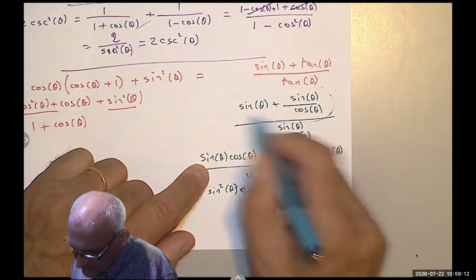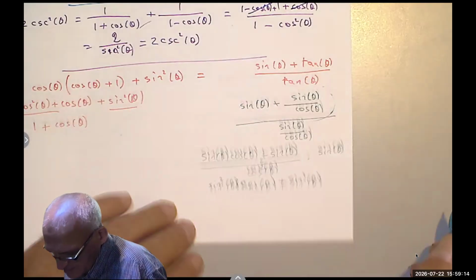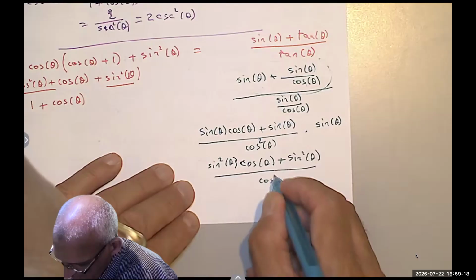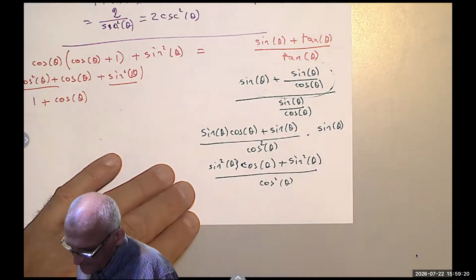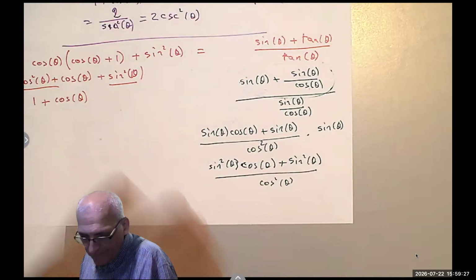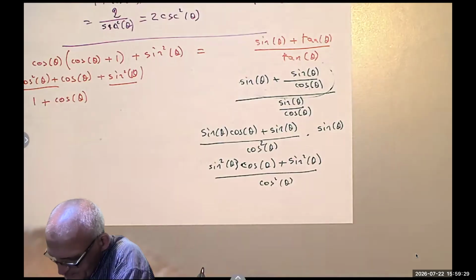I had a cosine as a common denominator and another one. Yeah, that makes sense. Over cosine square theta. Nope. I did something wrong, and I don't know what it is.